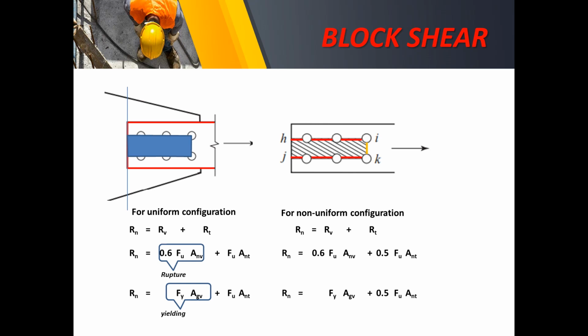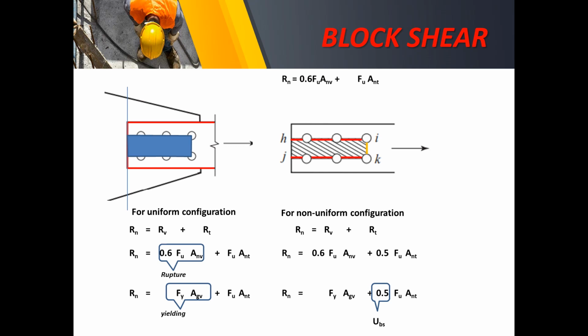You just have to multiply 0.5 to the second term for non-uniform configuration. With this concept, the equation will be simplified to a certain factor UBS. So UBS will be used now to distinguish the uniform configuration and non-uniform configuration.